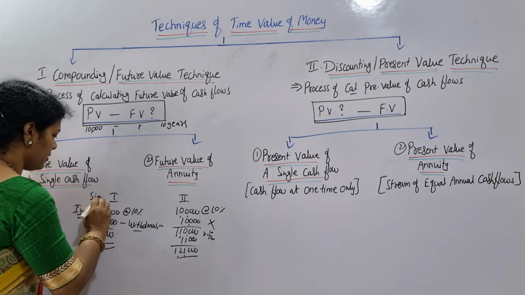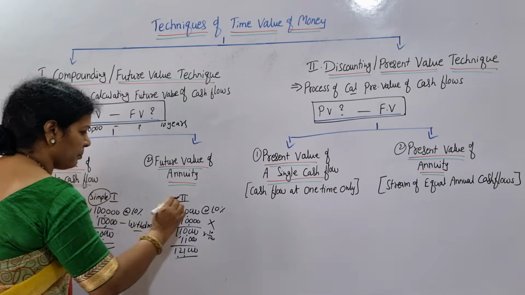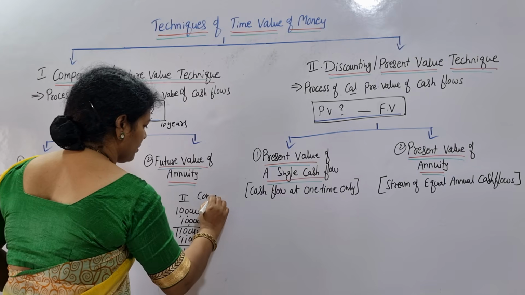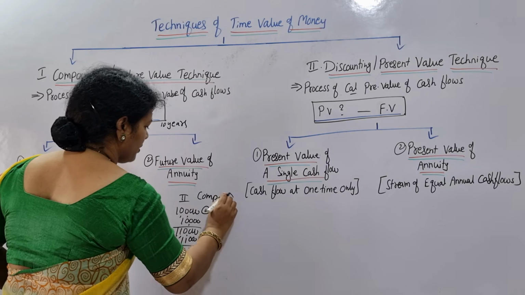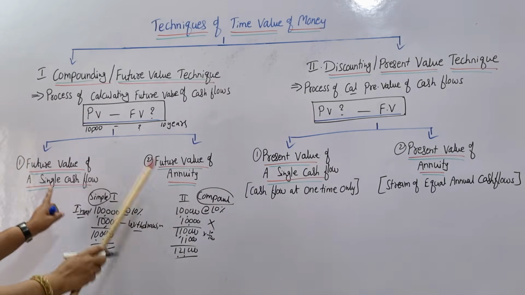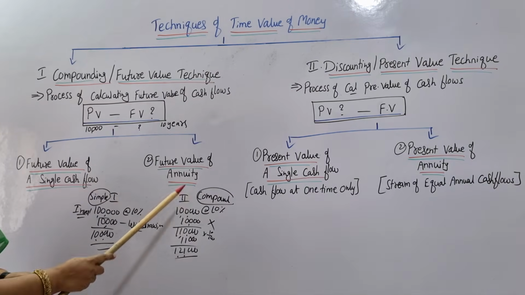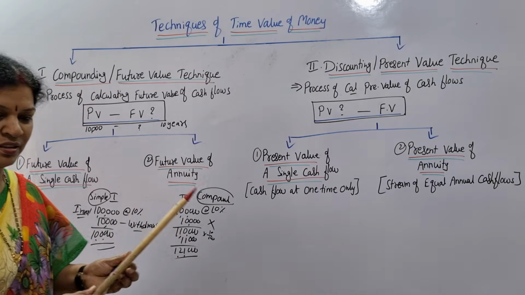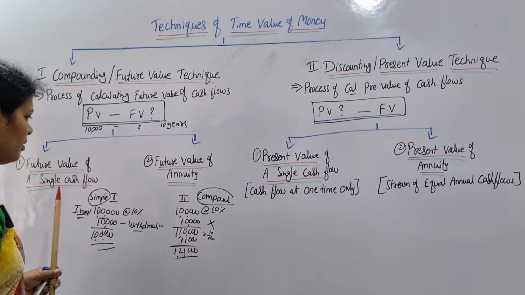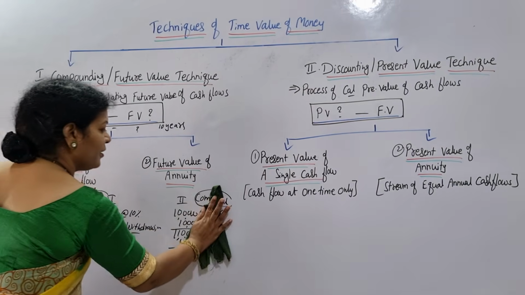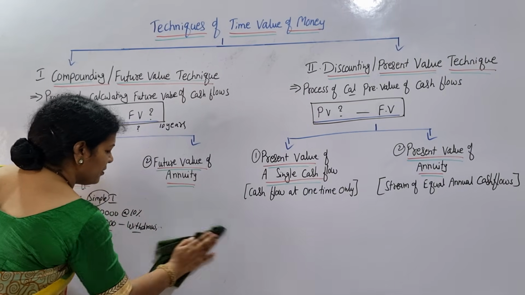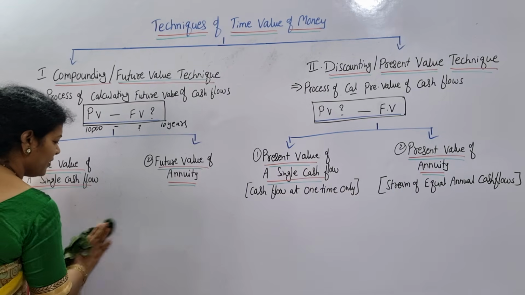Simple interest and compound interest. This concept you must make clear. So here compounding or future value technique is related to this one only. Am I clear? Hope you understood it. Need to write more on the board today.